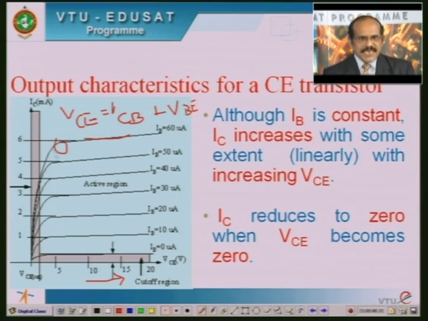At this knee voltage, this VCB will be 0. Therefore, further reduction of VCE will forward bias the collector base junction, and therefore the collector current will reduce to 0. That point you can note here.